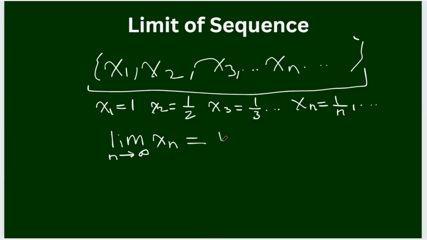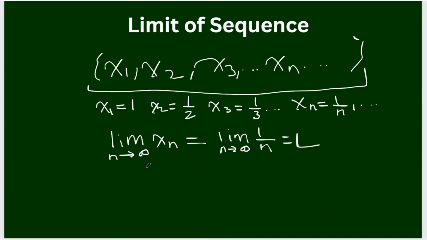You can write this as the limit of 1 over n as n approaches infinity, and this is equal to L. This can be explained by the definition of sequence limit that we saw earlier.